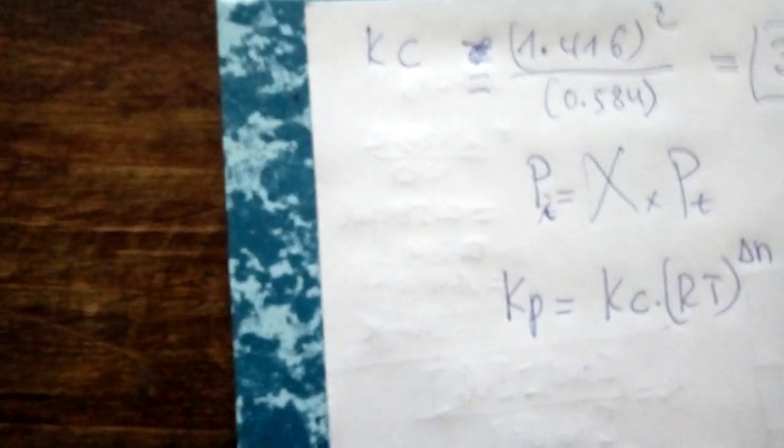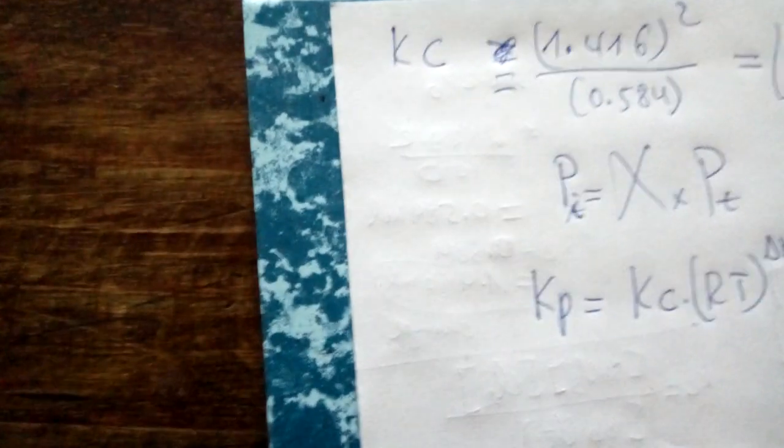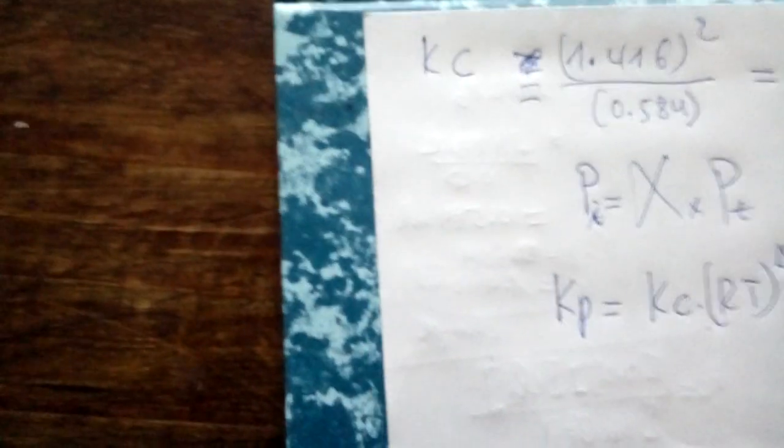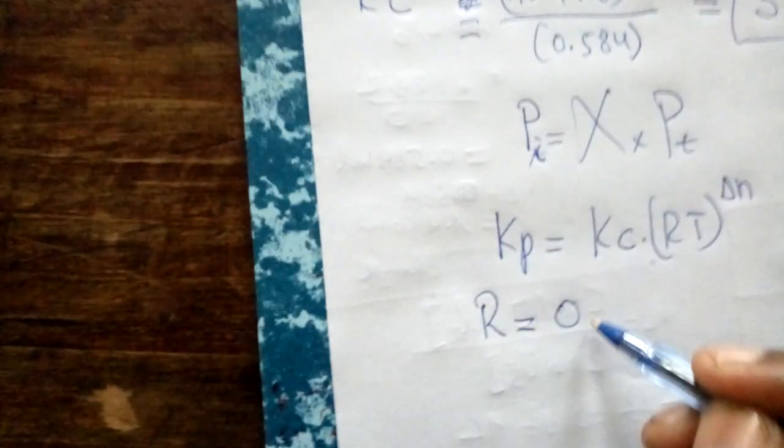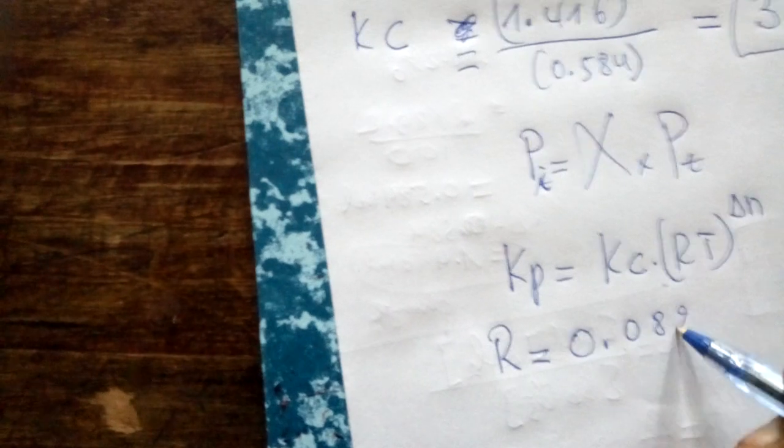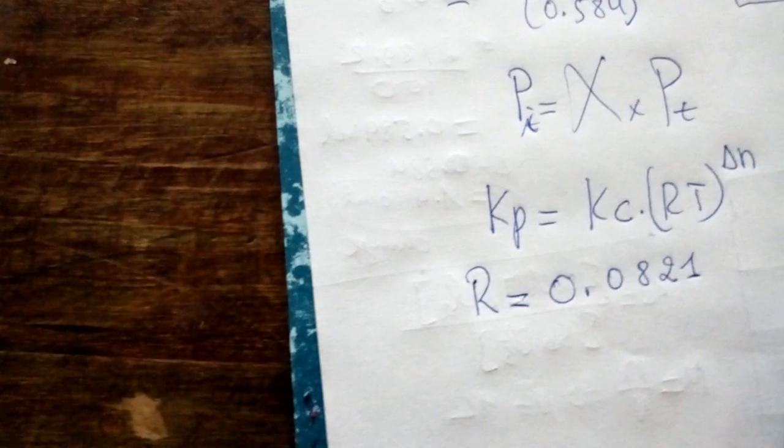In this context, because the concentration is expressed in moles per liter, R will use the constant of perfect gas, with the numerical value 0.0821 liter atmosphere per mole per kelvin, and the pressure will be expressed in atmosphere.